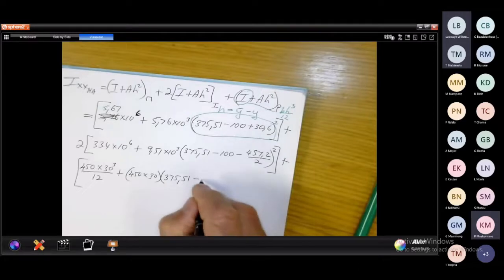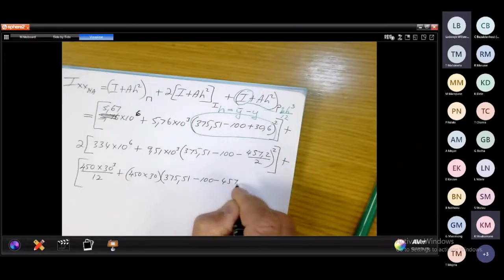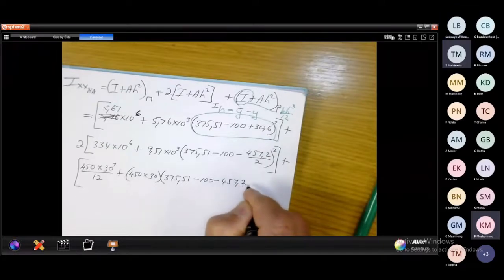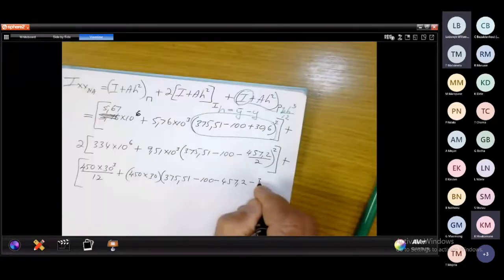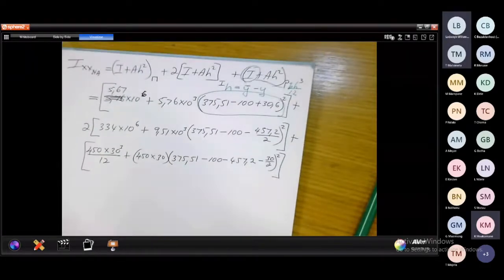My y in this case was 100 minus 457.2 minus 50 divided by 2 squared. Right, I think that is everything. Then you can calculate now for me and tell me what is the answer.